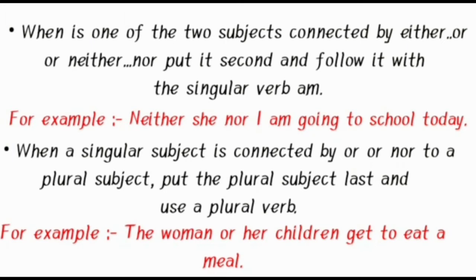When a singular subject is connected by "or" or "nor" to a plural subject, put the plural subject last and use a plural verb. So when you have two subjects connected with "or" or "nor", you have to put the plural subject at the last and use a plural verb.